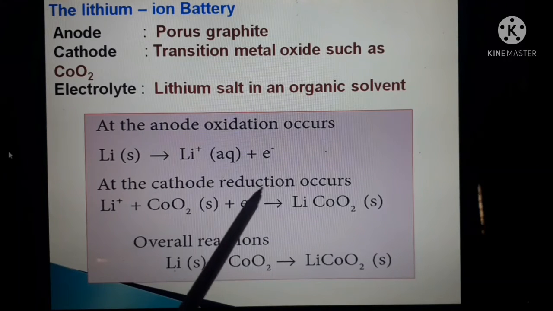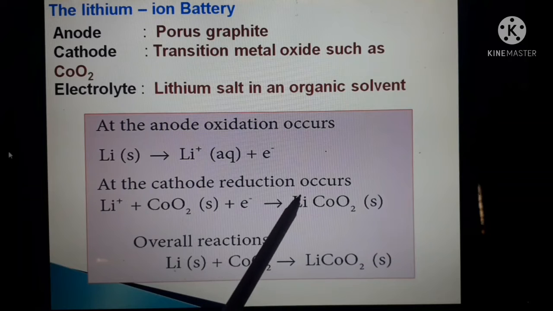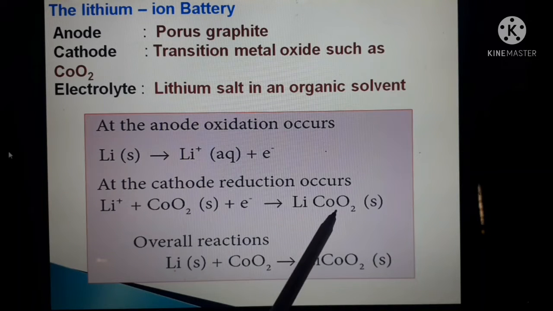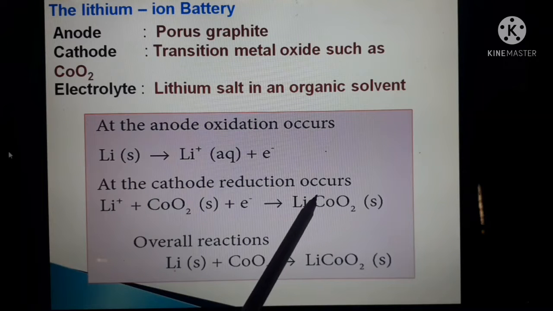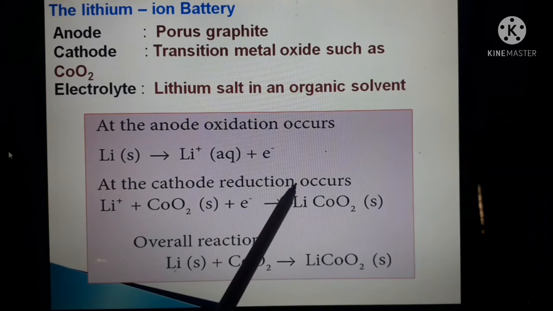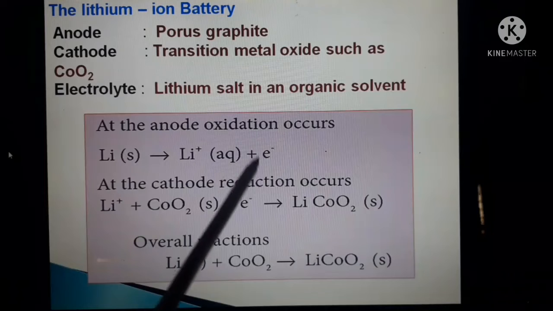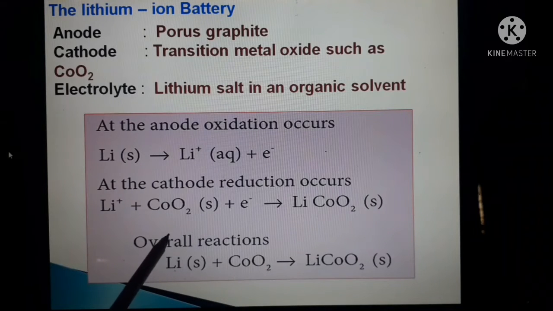The reduction occurs and it changes to lithium cobalt oxide. Lithium cobalt oxide solid is formed. In the cathode the reduction occurs. This is oxidation, this is reduction. Overall reaction: lithium metal and cobalt oxide give lithium cobalt oxide.